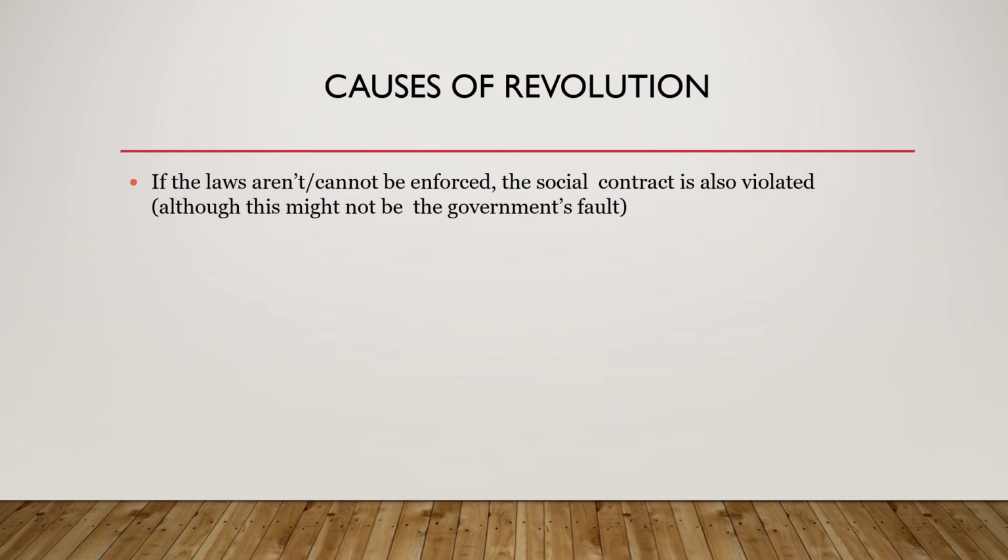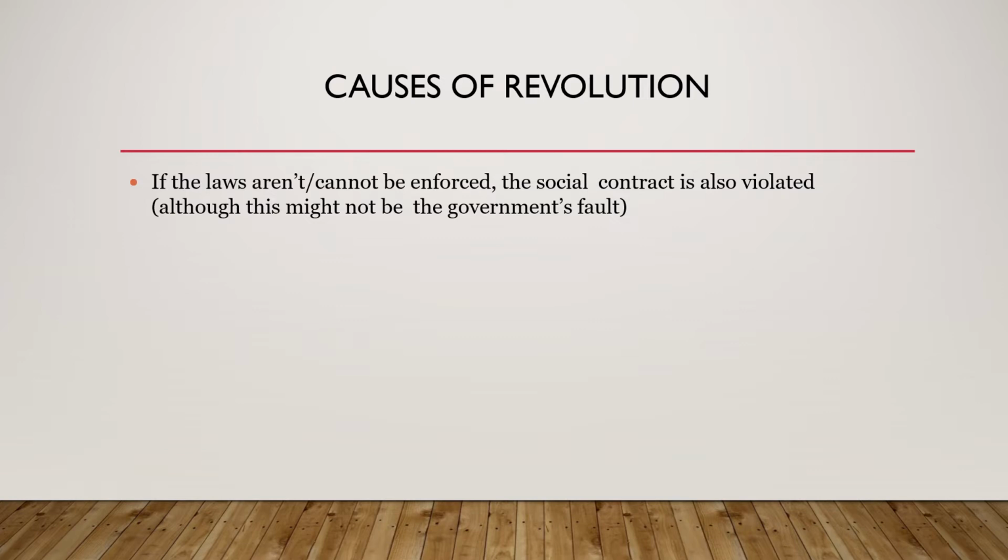So in general, if the laws aren't enforced, either because the chief executive refuses to allow them to be enacted in the first place, or refuses to enforce them, or turns the power of the government over to a foreign government, then the social contract is void. And the people are no longer obligated to abide by a social contract that is no longer being met by the government.